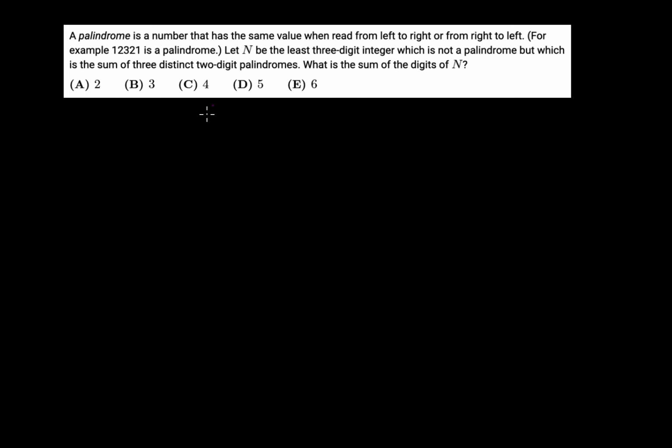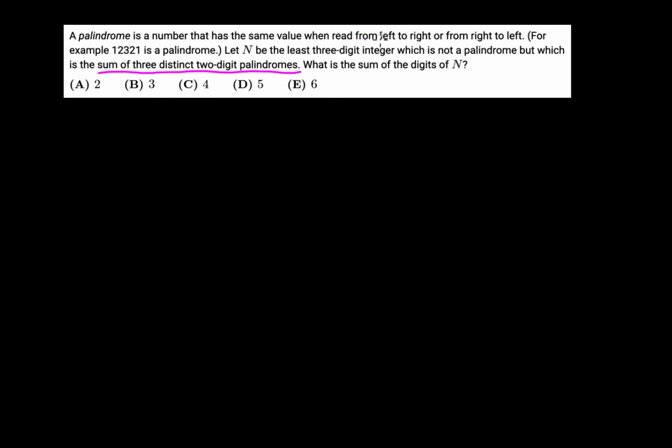So what I see first here is that it is a sum of three distinct two-digit palindromes. That's a very key piece of information. And I want you to think about what two-digit palindromes there are.